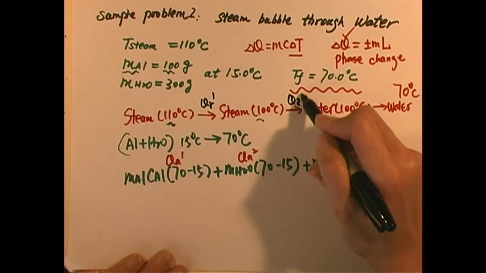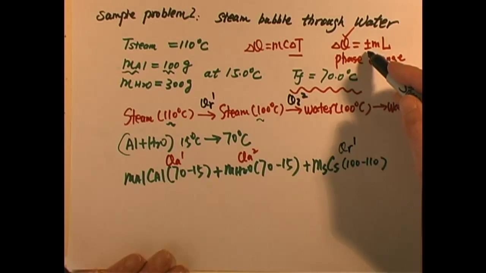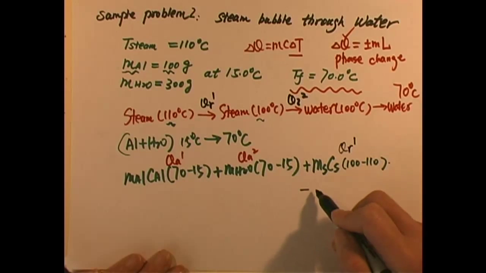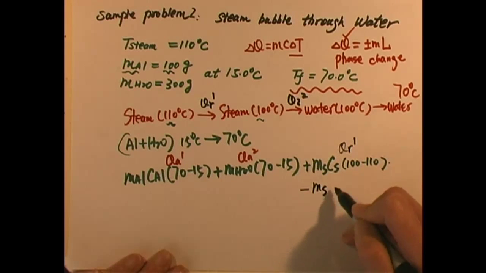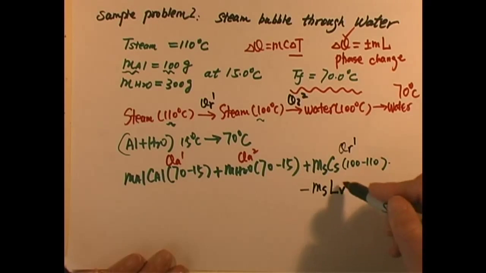Now, Q release 2 happens in the phase change. During the phase change, release means negative, so we have to choose negative of mass of steam times heat of vaporization, because when steam condenses we use the heat of vaporization. So we choose this negative release.